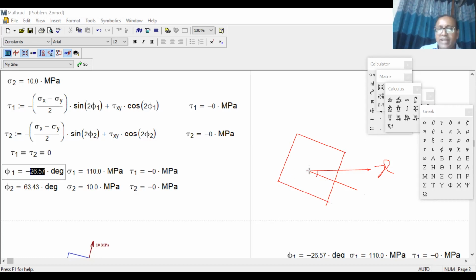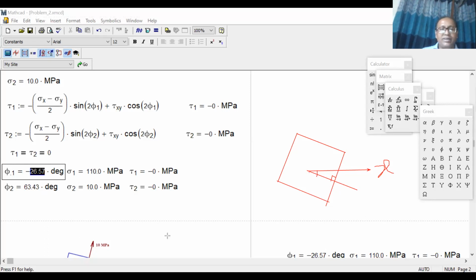Make sure this line is at least at the center of the tip. Okay, so this is my rotated element. Now in that element, you make sure this angle is 90 degrees. That means this line and this line are perpendicular to each other. Now, when you rotate by minus 26.57, what is the sigma 1?